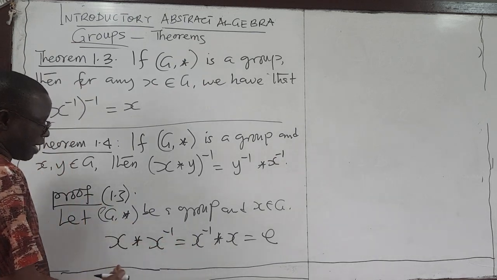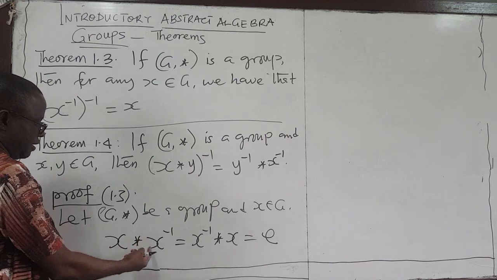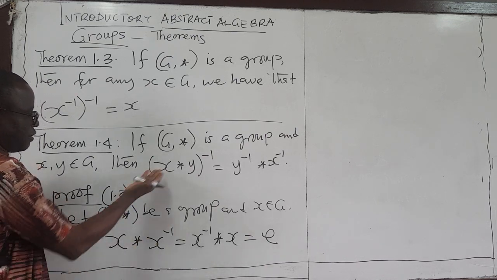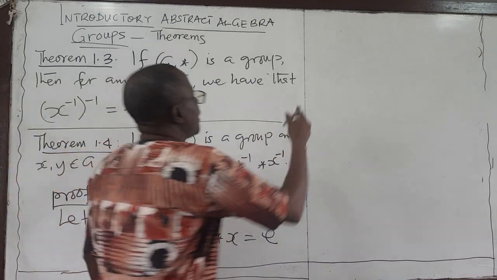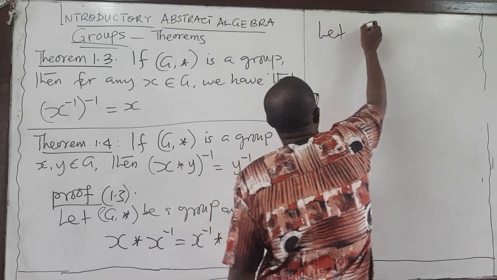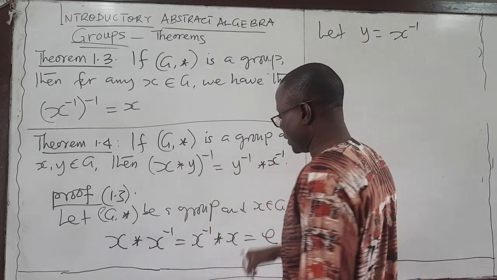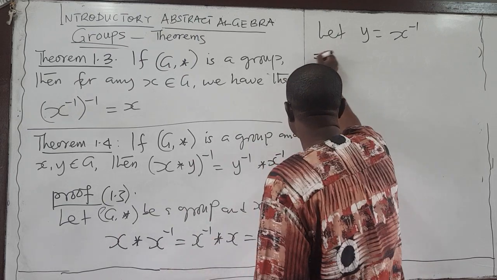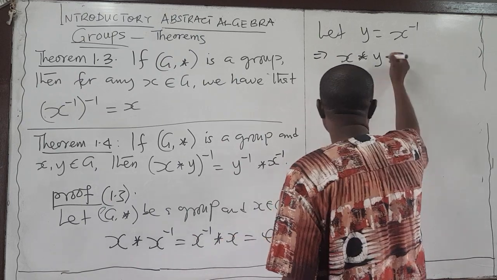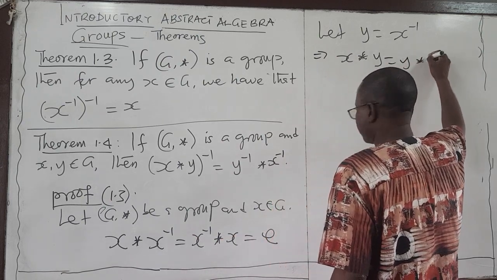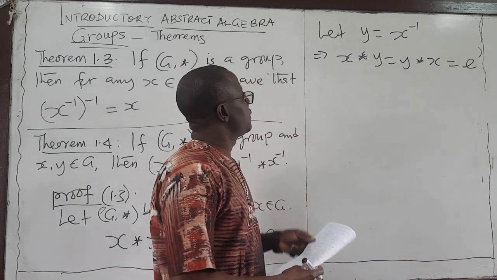And so basically I could actually do that here, right? If this is it, I can say that x is equal to this inverse, and that's the proof. Or you can also say, let y be equal to x inverse. Then what that means is that x star y is equal to y star x is equal to e.